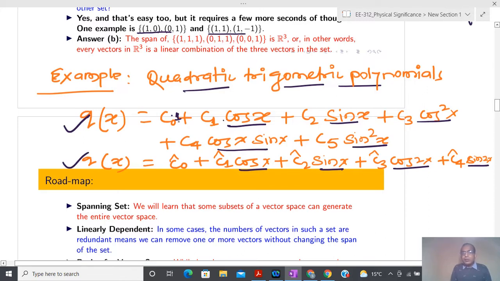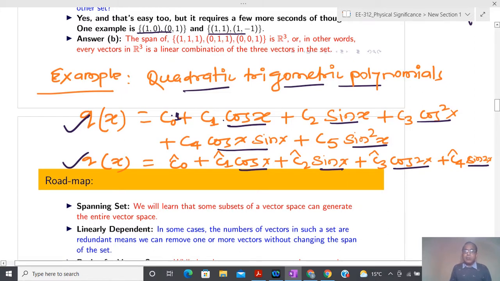Okay, so I can select multiple different spans such that I can represent the whole space. That is the idea. And due to that reason, the coordinate system or representation of one system may be different. Okay, that is the basic idea of the span.